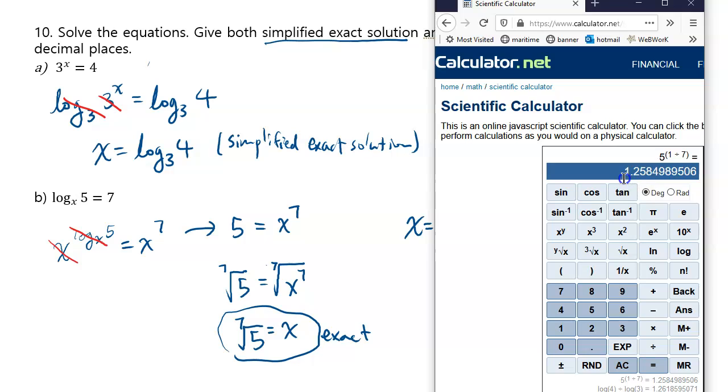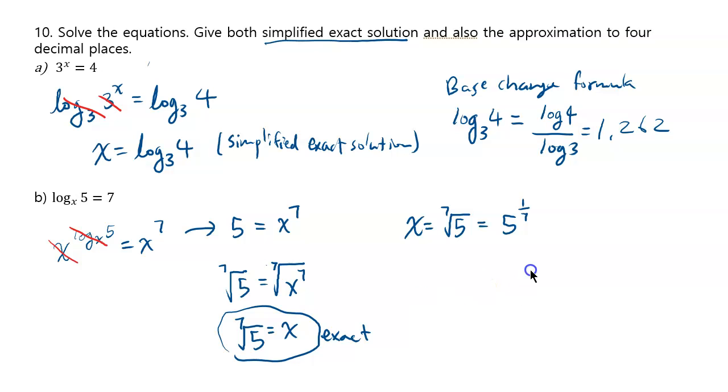Okay, so that's 1.25849. But if you round it, it's 1.258. That's the nearest thousandth. So x equals 1.258.